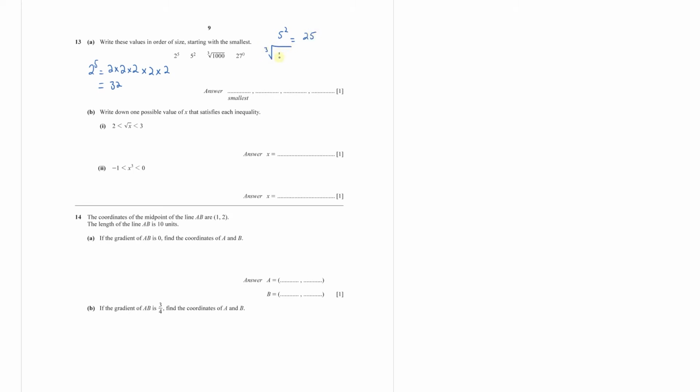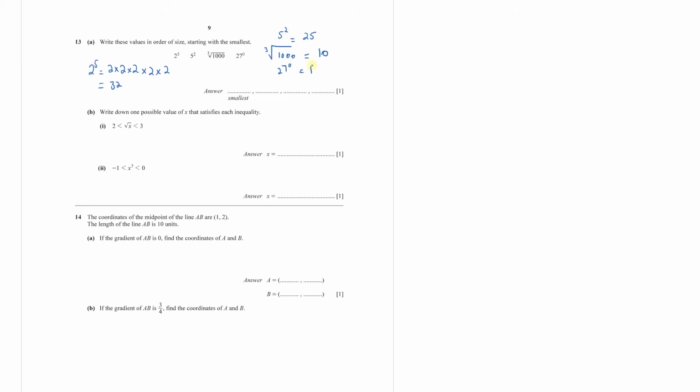Cube root of 1000 is, since there are three zeros here, 10. Because if you take the cube of 10, you add another two zeros, which becomes 1000. So cube root of 1000 is 10, and anything to the power 0, 27 to the power 0, is 1.